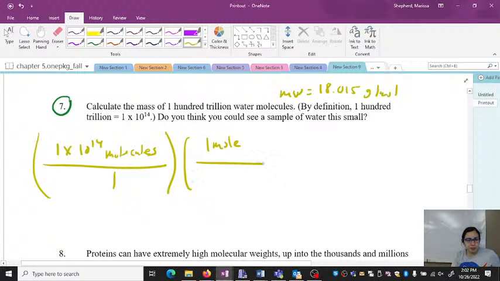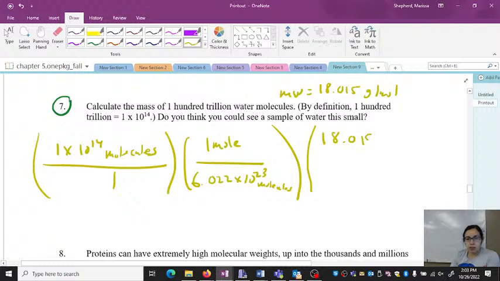So 1 mole, 6.022 times 10 to the 23rd molecules or things. And so now that gives us moles. So now we can multiply by our molecular weight. So 18.015 grams over 1 mole.